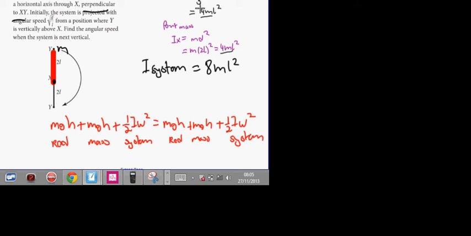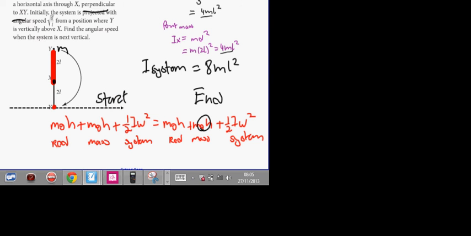Now, what we've got to do is choose our standard position point. Our standard position point is going to be at the bottom here. The reason why we choose this standard position is that when the point mass rotates fully around, the point mass is going to be located on the bottom. The point mass will have no potential energy at the end of the experiment. So the end is to the right and the start is to the left.